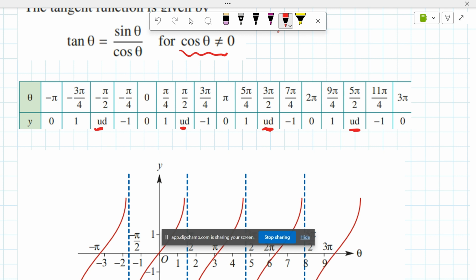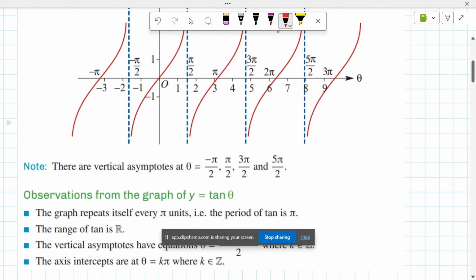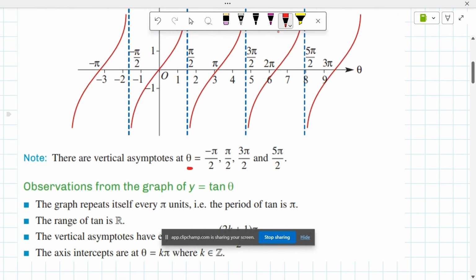That's why when we graph the tangent, we have the asymptote. The asymptote means theta equals 90 degrees, negative 90 degrees, 270 degrees, and then 450 degrees, and so on.